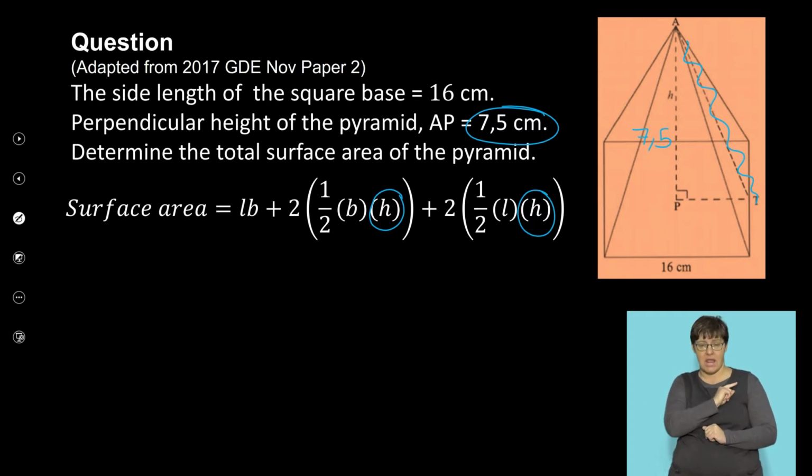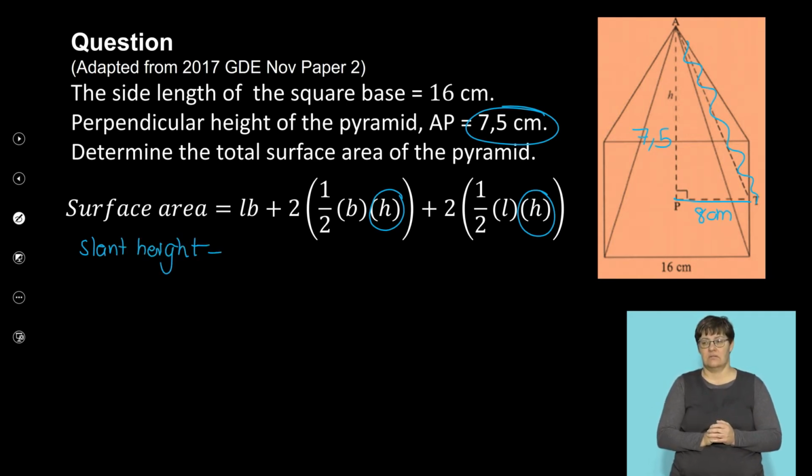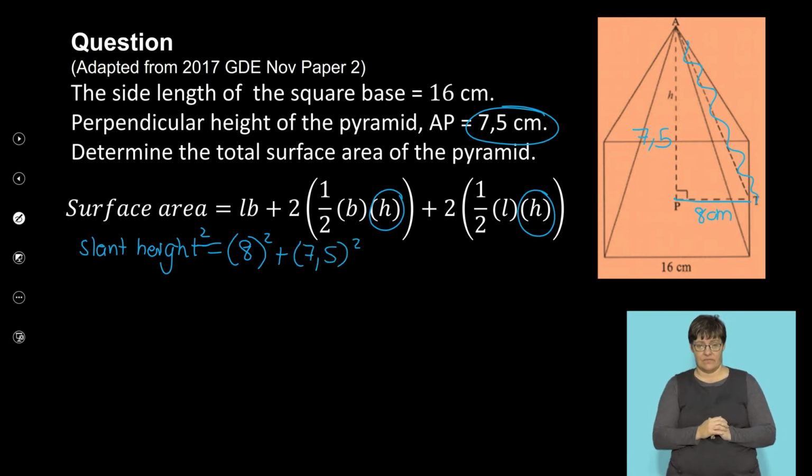Because we know that P goes directly from A down to the middle of this square, PT will be equal to 8 centimeters. So when I'm working out my slant height, I'm going to use Pythagoras. My slant height squared will be equal to 8 squared plus 7,5 squared.